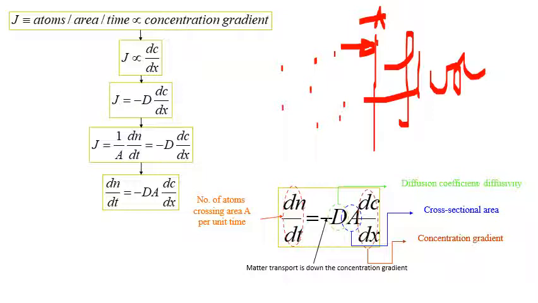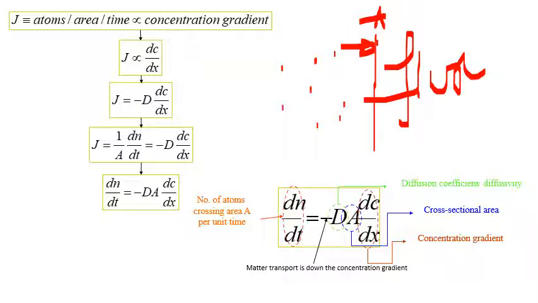So whenever we say flux, it is referred to a particular unit time, and it is directly proportional to the concentration gradient, or J is directly proportional to dC/dx, or J will be equal to minus D dC/dx.